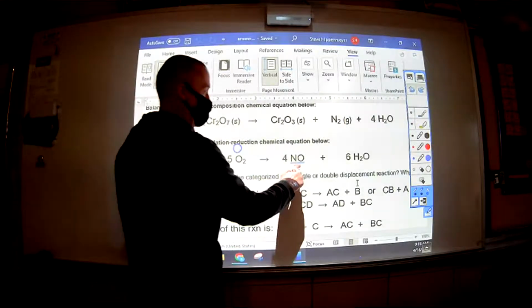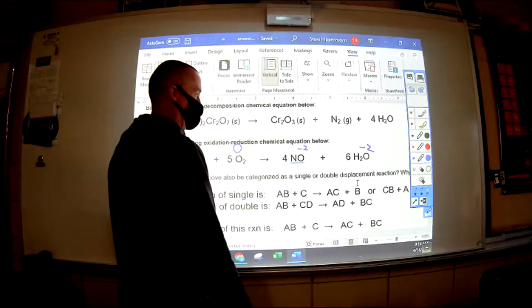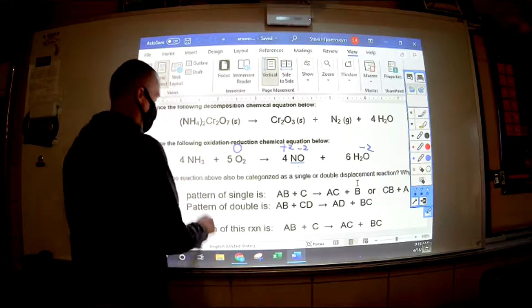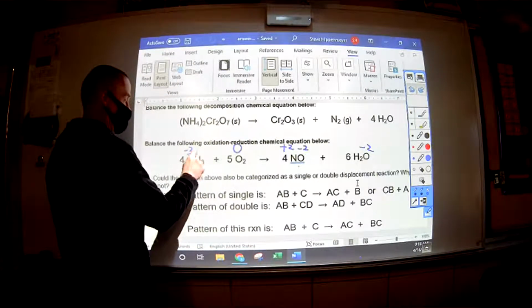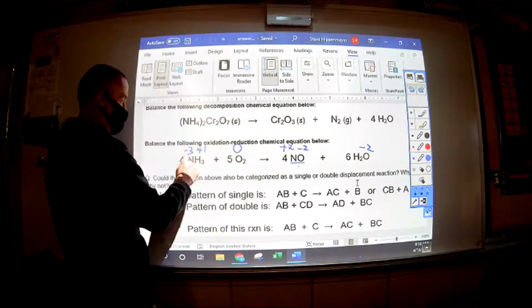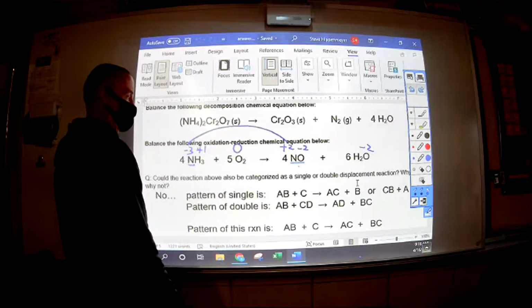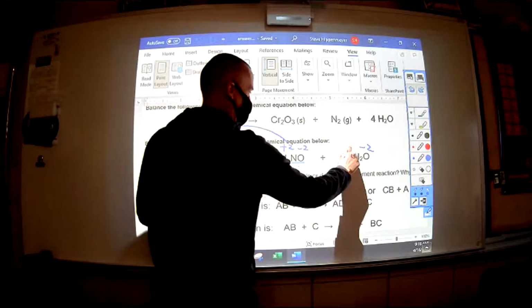Oxygen here is going to be -2. Oxygen here is also -2. That makes this nitrogen +2. Nitrogen right here is -3. Hydrogen is +1. So nitrogen goes from -3 to +2. The hydrogens continue to be +1.